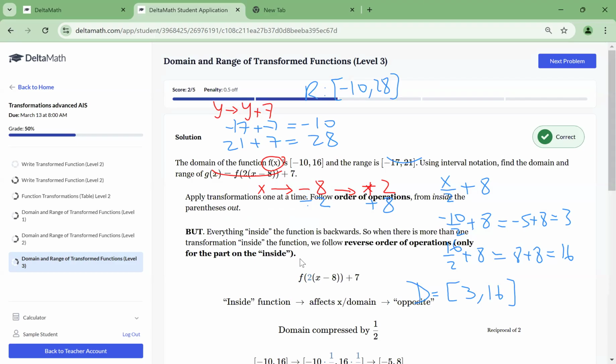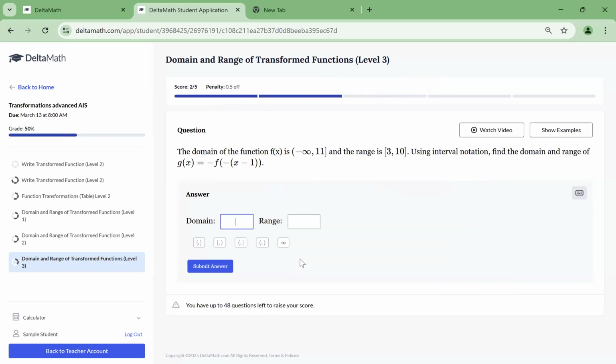Let's try a third problem. So here, the vertical transformation is just a multiplication by -1. So for the vertical, we just have negative y. For the horizontal, we see that x first experiences -1, then experiences a negative, which is multiplying by -1.